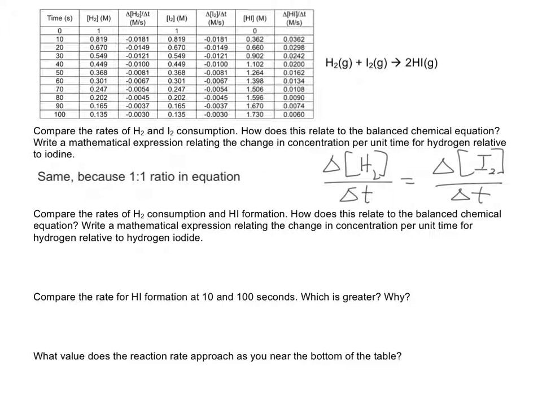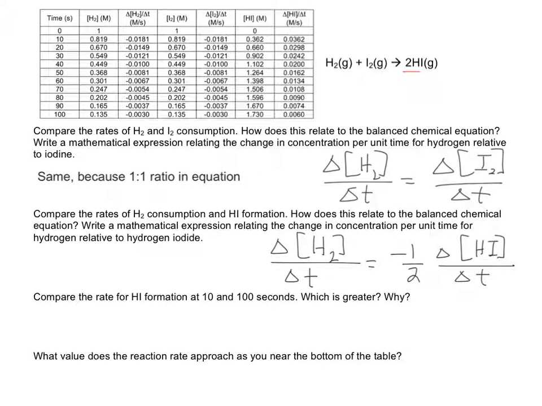Okay, now if we compare H2 to HI, you can see that the HI has a coefficient of 2 here in our balanced equation, and so what you would expect is that when you use up 1 H2, you're going to form 2 HIs, and that's exactly what you see.